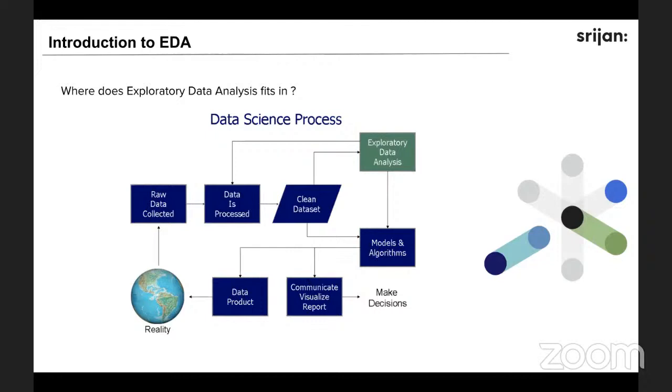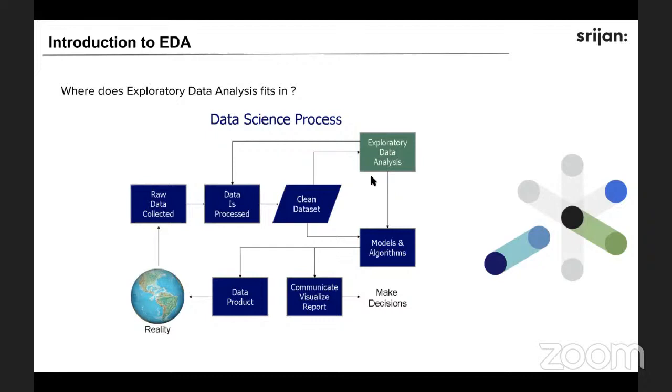So I would say EDA is the first step once you have your clean data set. Well, not the very first step in a data science problem, because obviously you have to collect the data, process it, and clean it. But it is one of the initial processes from where your data science problem starts.